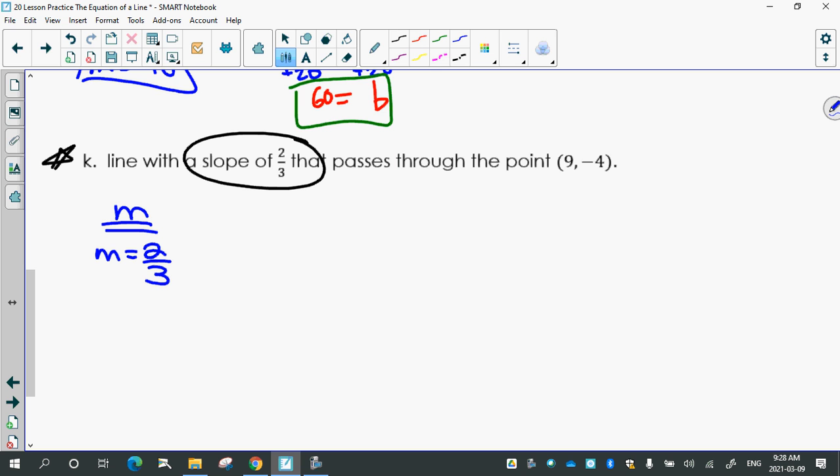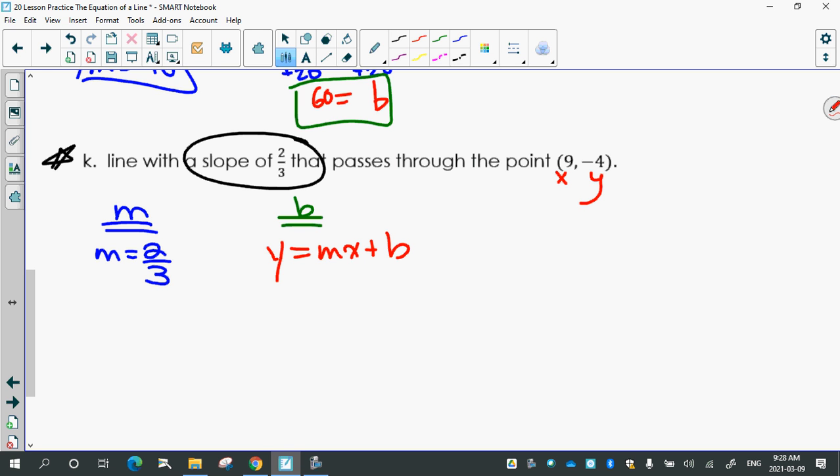Great, good. And it goes through this point. So do I know how to get b if I know the slope and I know a point? Yes, that's what we just did. Okay? Only we don't get a choice of which point to use this time. We have to use the one that they give us.